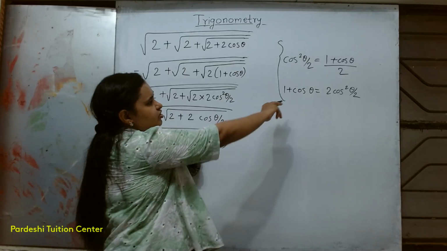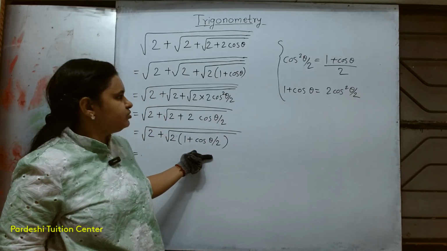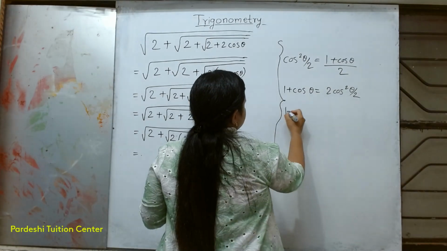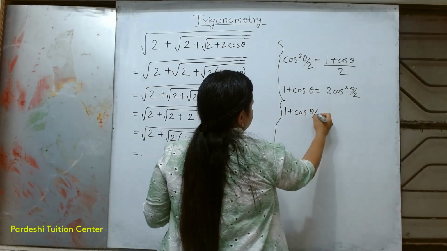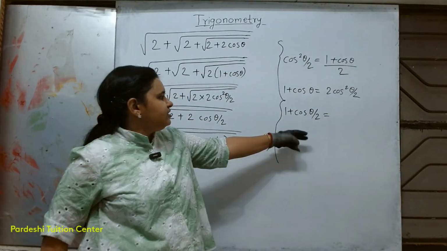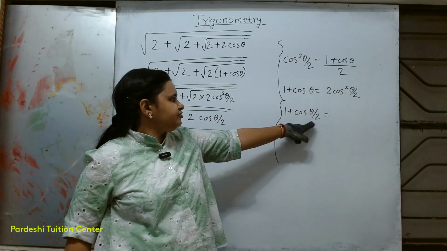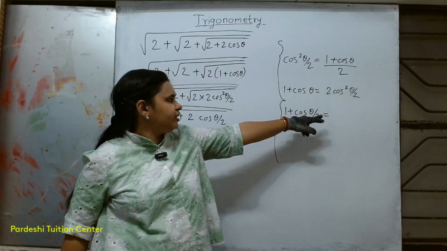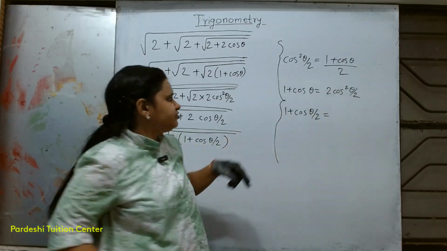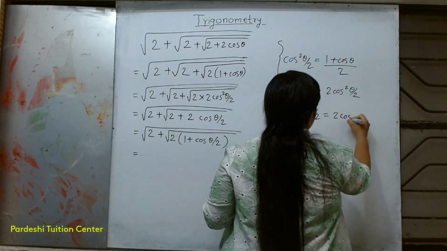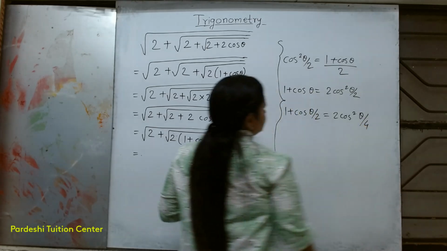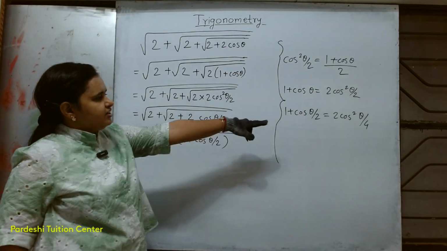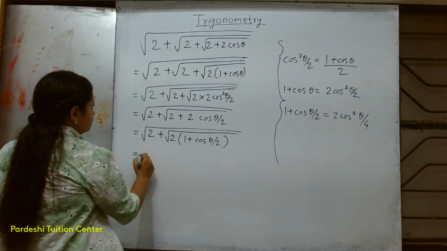If 1 plus cos theta is 2 cos square theta by 2, then for 1 plus cos theta by 2 we have to take the angle as half, so on the right hand side also we have to make the angle half. So it will be 2 cos square theta by 4, since 2 multiplied by 2 is 4. So 1 plus cos theta by 2 is 2 cos square theta by 4.